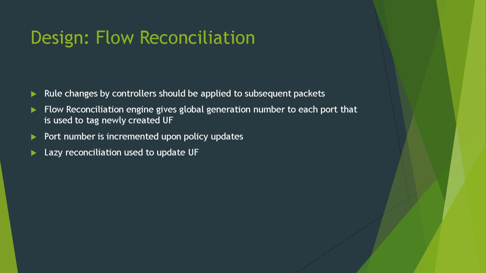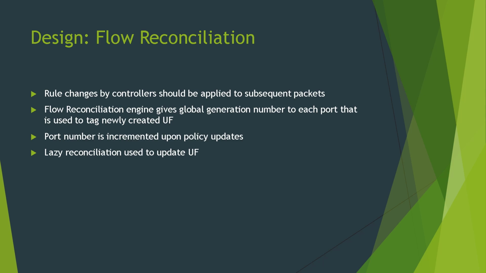The flow compiler also has an additional requirement of being transparent to any clients using the VFP API in order to perform their jobs. Any changes to the rules in a layer should be applied to any subsequent packets, even if a unified flow already exists.